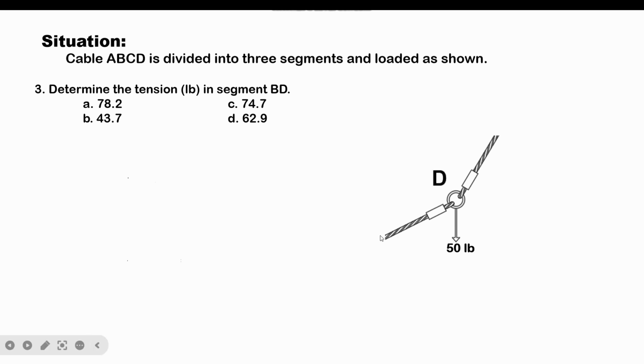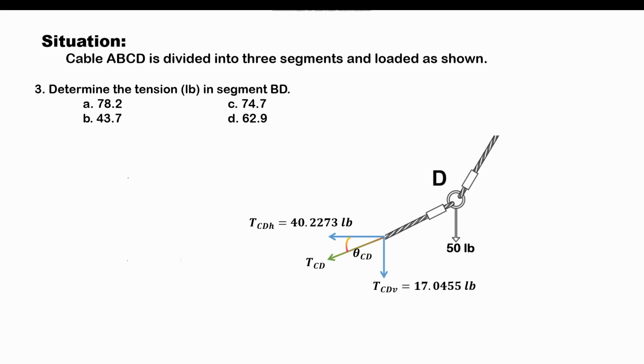This segment is segment CD, and let's say this is theta CD, which is the angle that tension CD makes with the horizontal. And again, for ease in computation, forces like tension CD, which are inclined and not horizontal or vertical, are preferably converted into their components. So this is its horizontal component with the value of 40.2273 pounds, and this is its vertical component with the value of 17.0455 pounds.